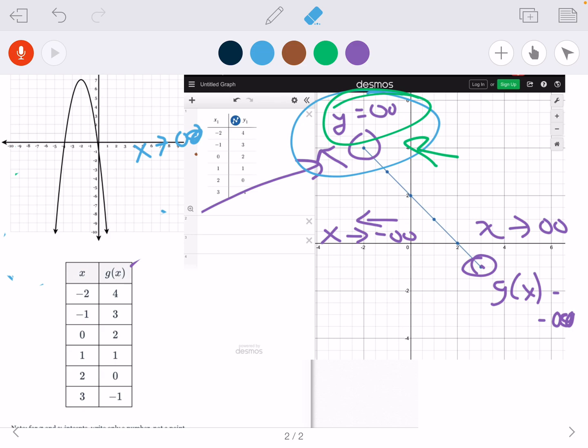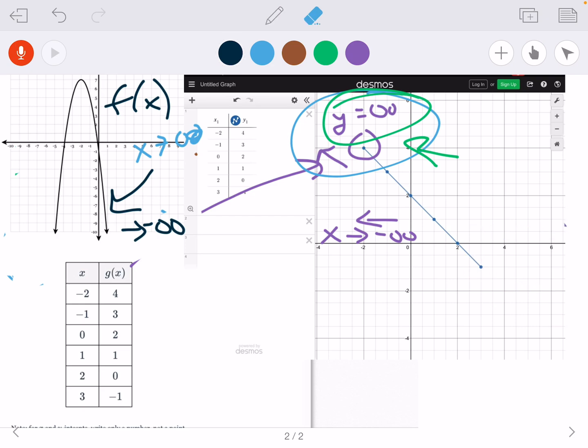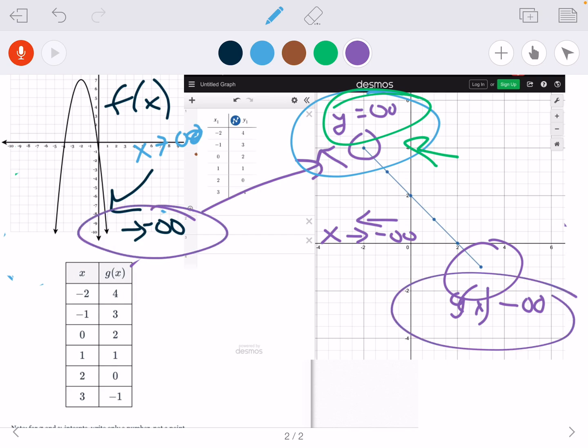Now, the right side of f of x is also going to negative infinity still. And what about the right side over here? The right side of g of x is going to negative infinity as well. So you would say that those two end behaviors on the right side are the same.